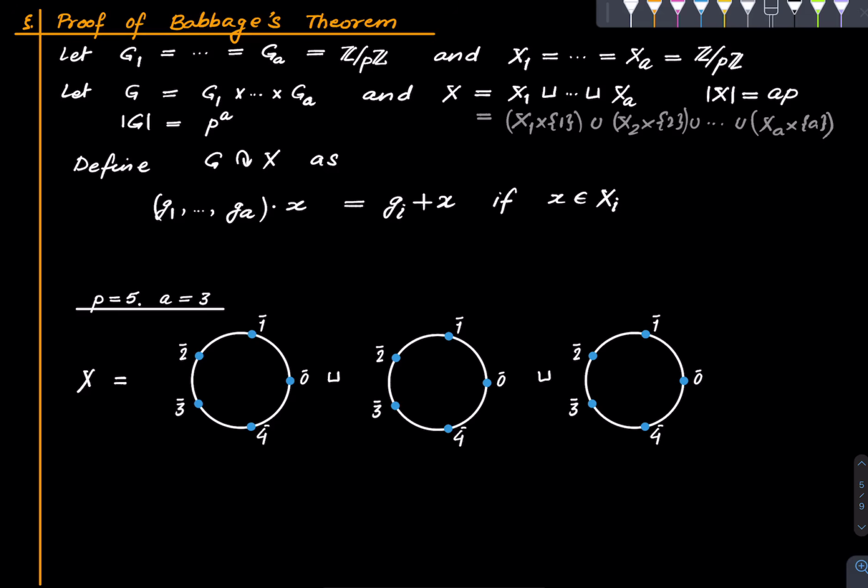Suppose I'm given some group element, let's say (2 bar, 4 bar, 3 bar). This is my element of the group, which is of course Z mod 5Z to the power 3, because a is equal to 3.